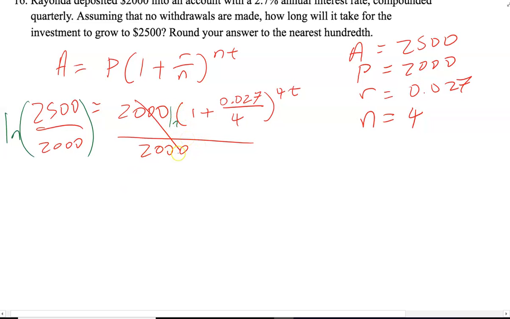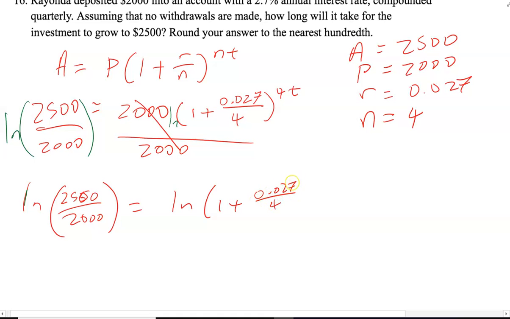So we end up with ln of 2,500 over 2,000 equals ln of 1 plus 0.027 over 4, to the 4t.